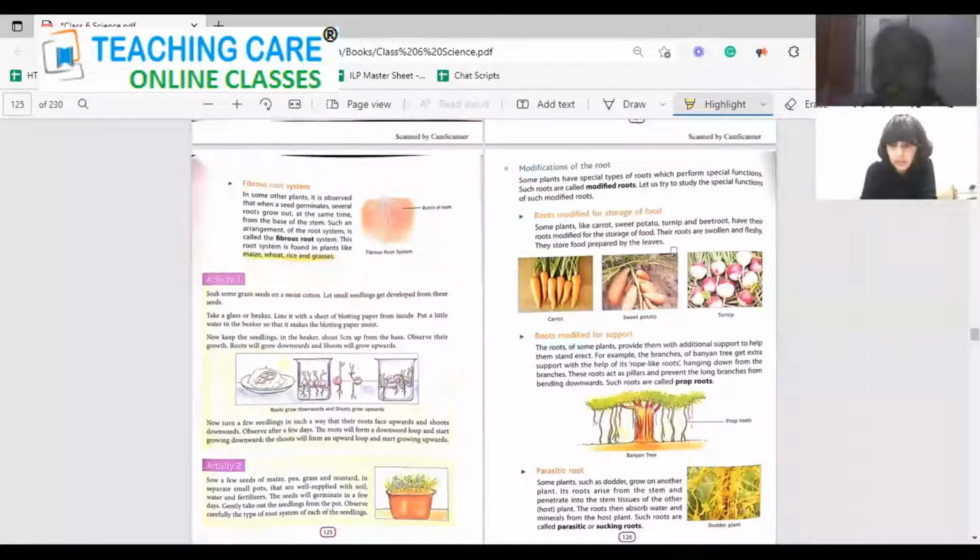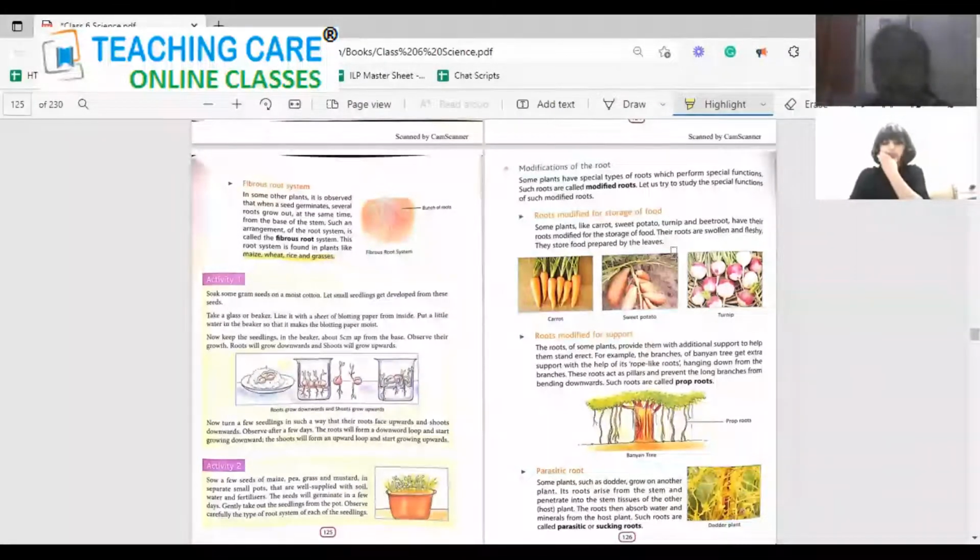They are modified in such a way to store food. The roots are swollen, fleshy. So all the nutrients that are required for the plant are stored in the root. That is what we get as sweet potato, carrot, and all that. Got it?